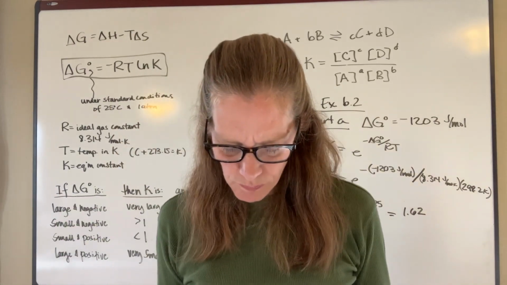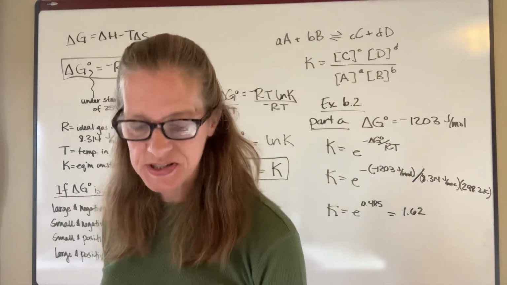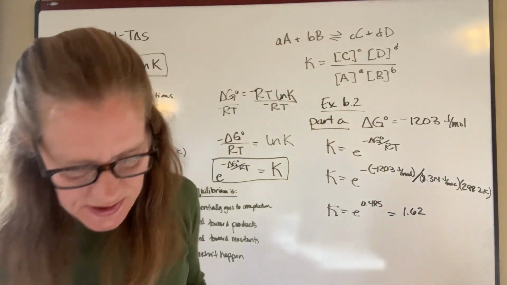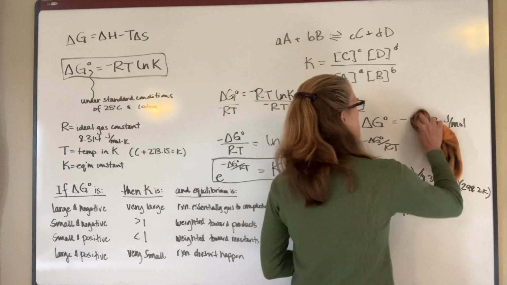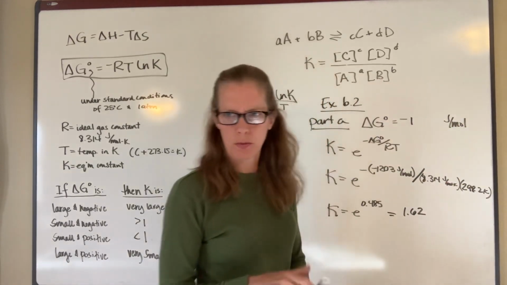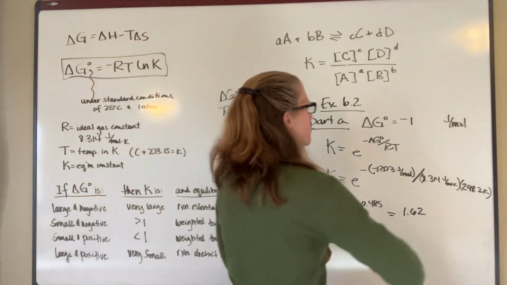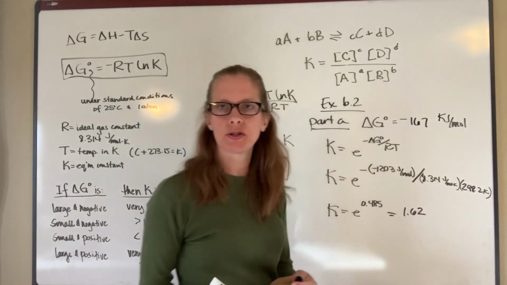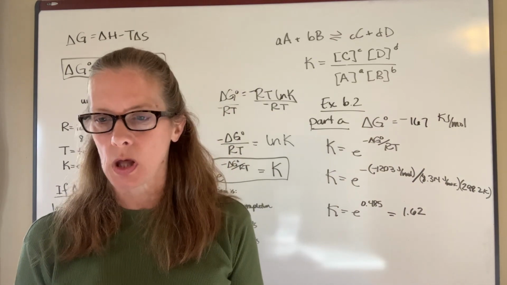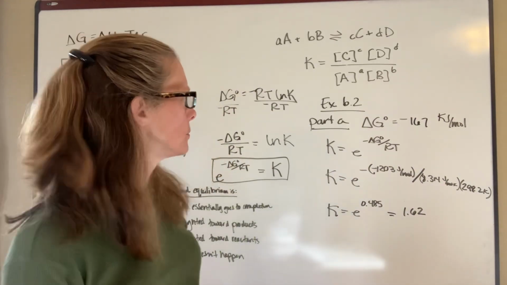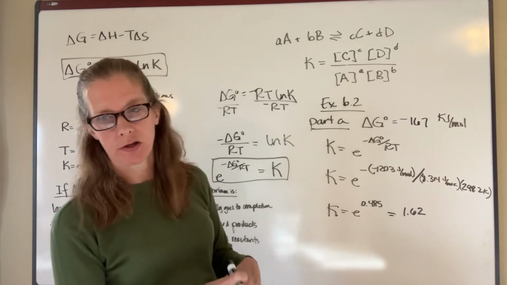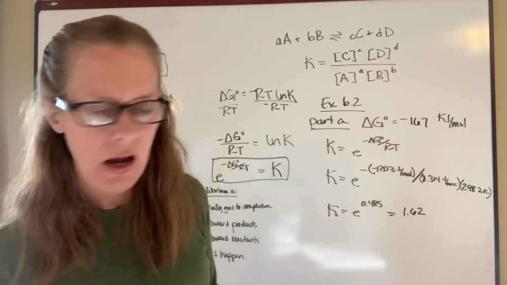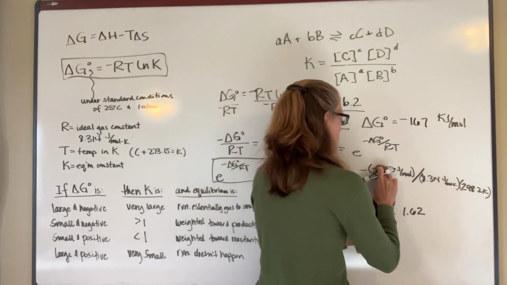Now let's look at part C. On part C, it says that our delta G is a negative 167 kilojoules per mole. And that is kilojoules, so you need to be careful that you're watching your units on that. Since I already had all this written out, I'm going to kind of cheat here and pop this in here.